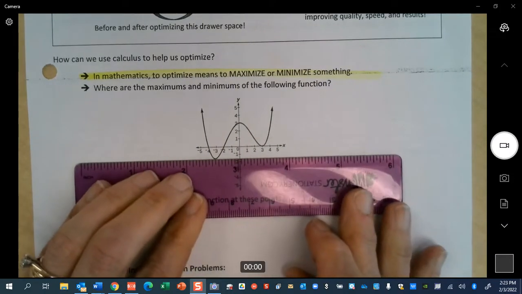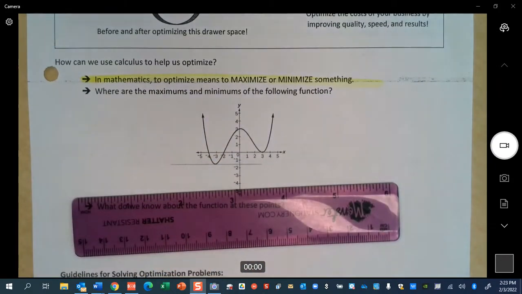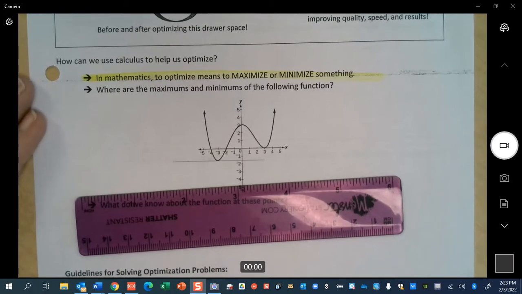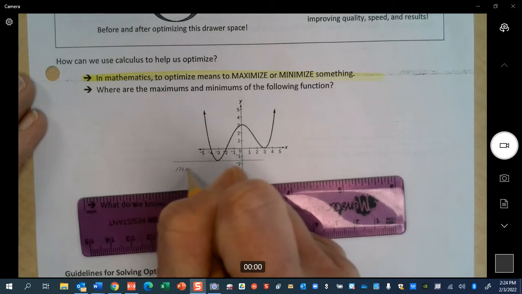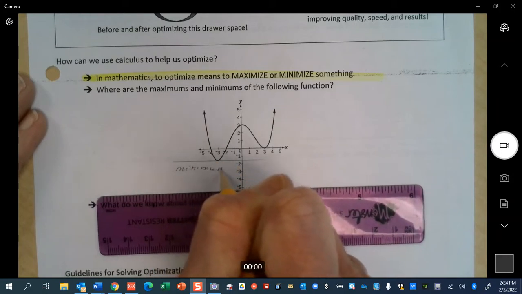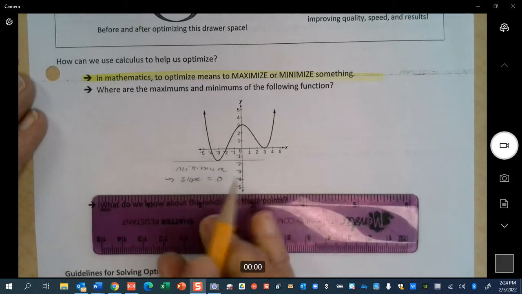Yeah. So the slope of my tangent line at the very minimum of what I'm talking about equals 0.